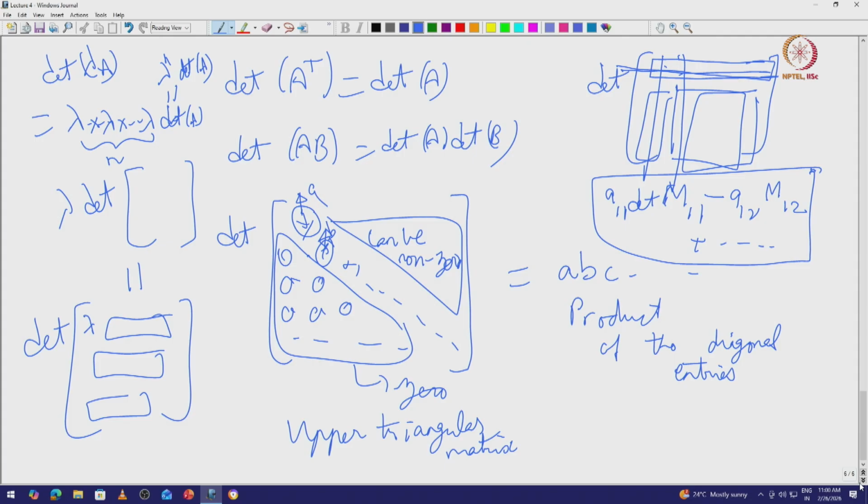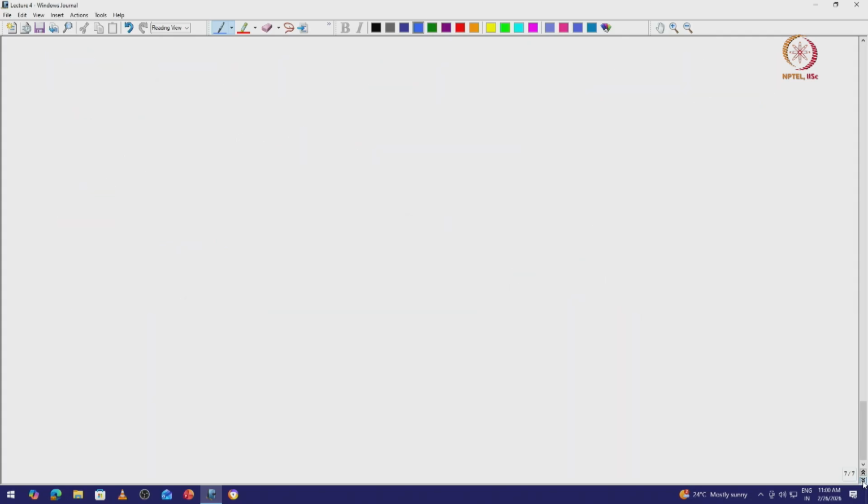So as I said, what are the row operations? Interchanging rows, adding a row to a multiple of another row, and scaling a row by a non-zero number, right?